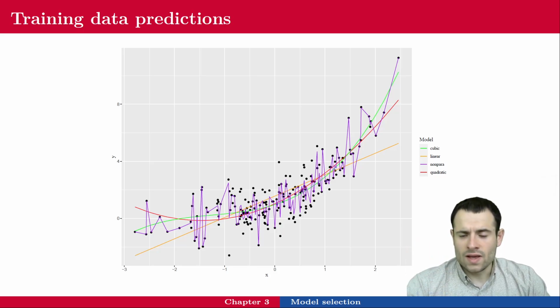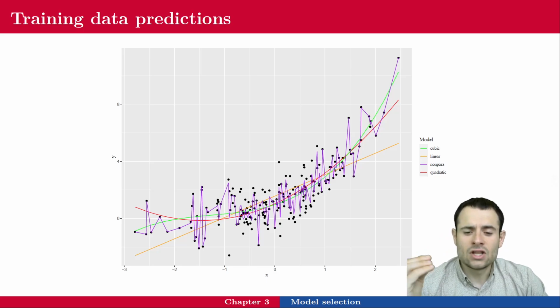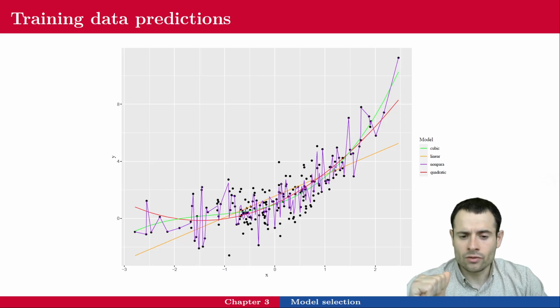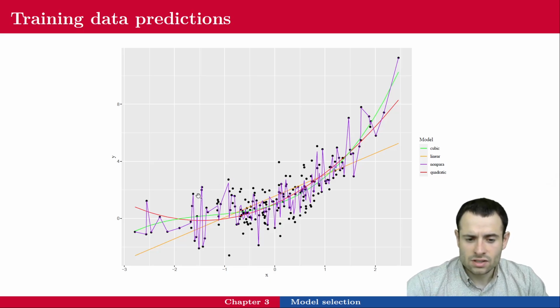Here, this model is very flexible. What if I take this exact very flexible model to another data set that I did not use to estimate those lines? The other data set, however, follows the same process as my current training data set.